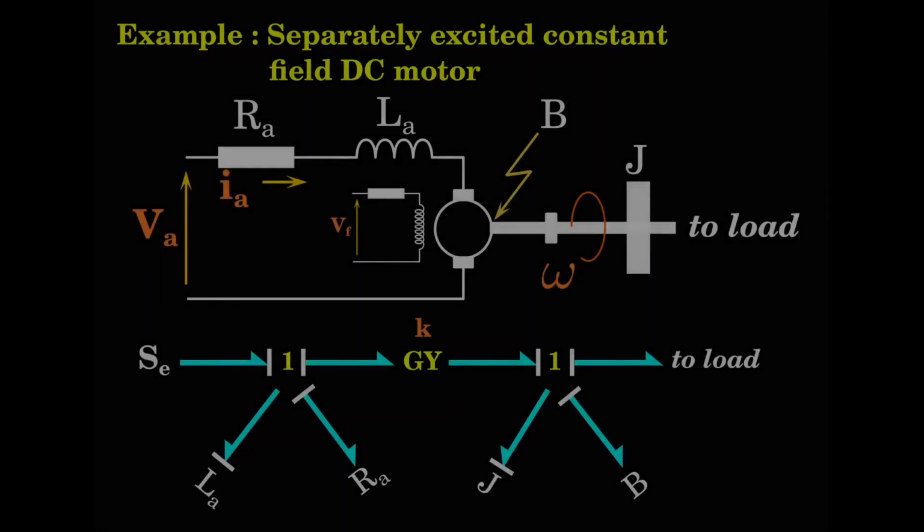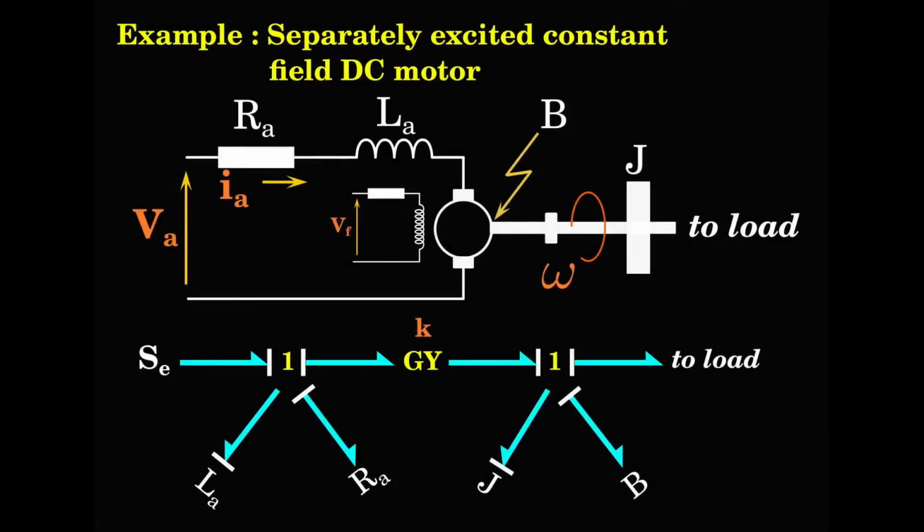In an earlier lecture in this series on digital controls, we had discussed modeling through bond graphs, modeling of a separately excited DC motor as one of the examples, and arrived at the governing equations, the state space equations that define the model of this plant.